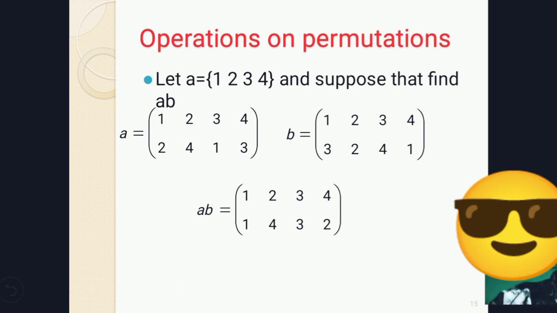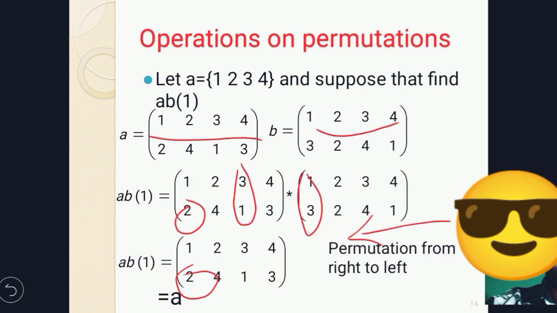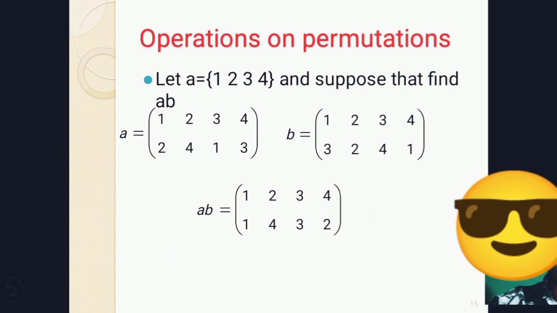In the operations on permutation, the previous question asked only for AB of 1, and here we find the whole AB. Let A be the permutation on 1, 2, 3, 4. The domain is 1, 2, 3, 4, and the range is 2, 4, 3, 1 for A, and B is equal to 3, 2, 4, 1.